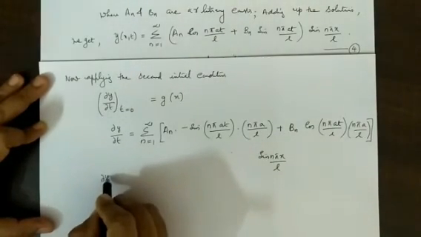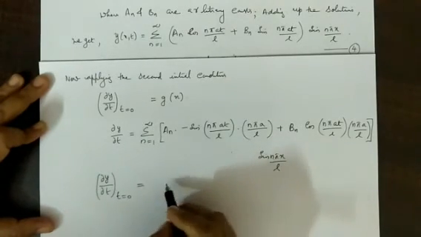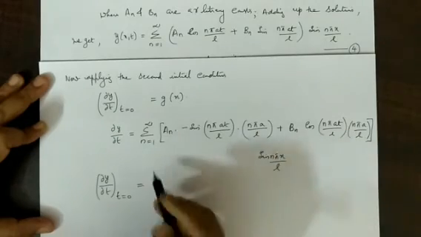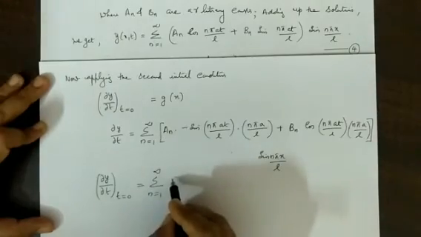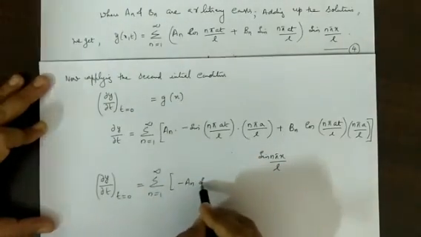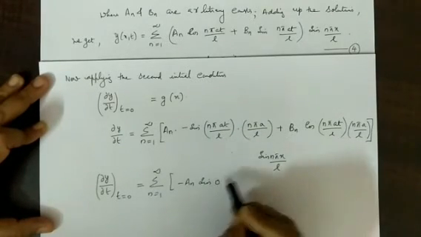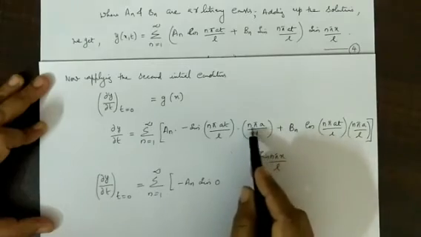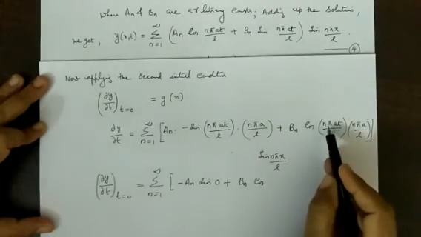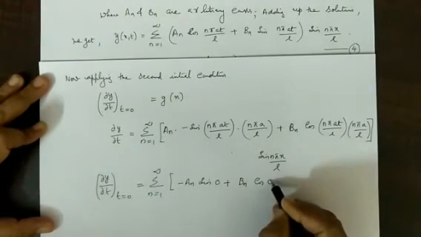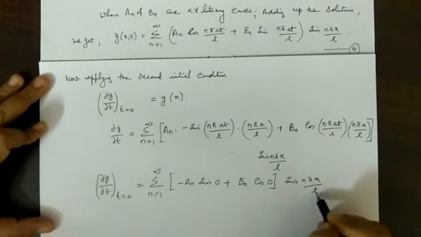Now ∂y/∂t at time t equal to 0. We have to put t equal to 0 in all the places. Here we have minus an sin(nπa·0/L), that is 0. Therefore the whole term becomes equal to 0, we need not write this term, plus bn cos(nπa·0/L), that is cos 0, into sin(nπx/L).